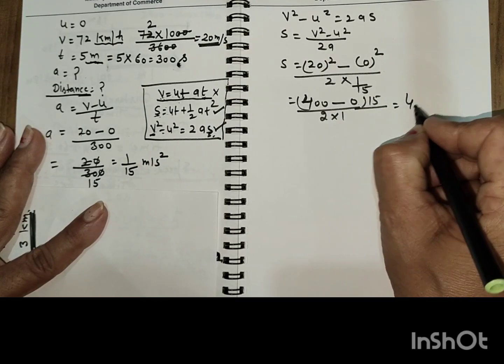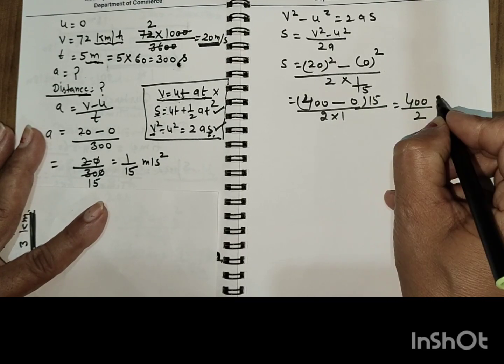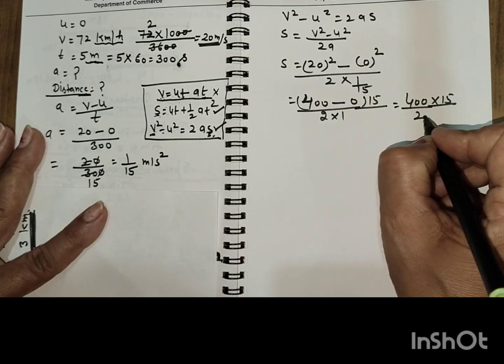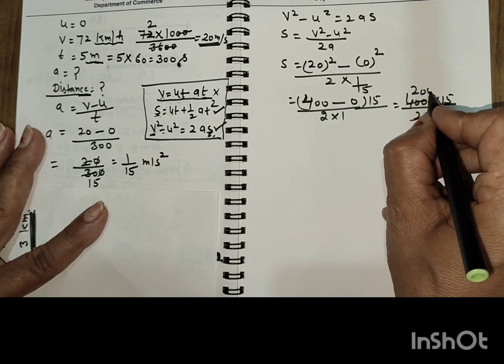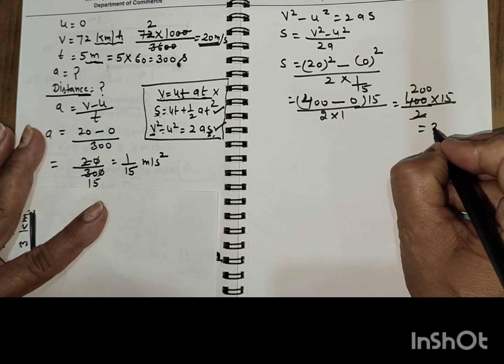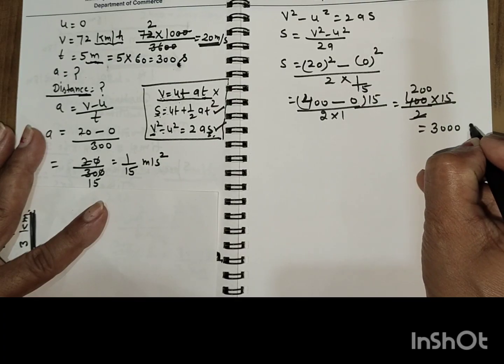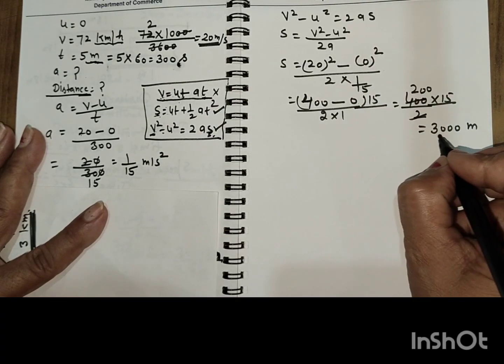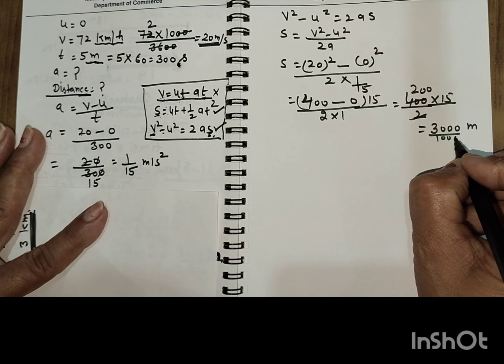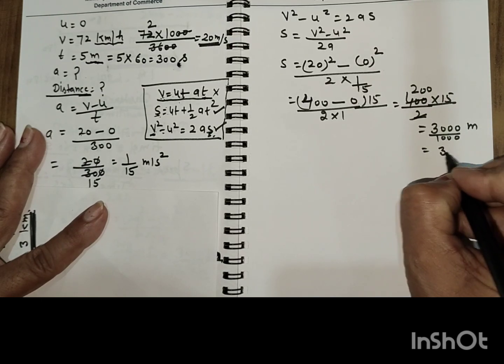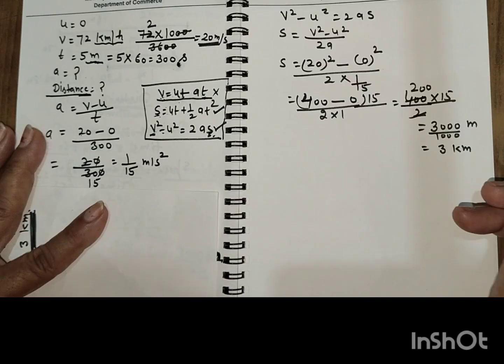Now 400 by 2 into 15. Divide by 2 is 200, 15 into 30. It becomes 3000 meters. Or if we divide it by 1000, then it becomes 3 kilometers.